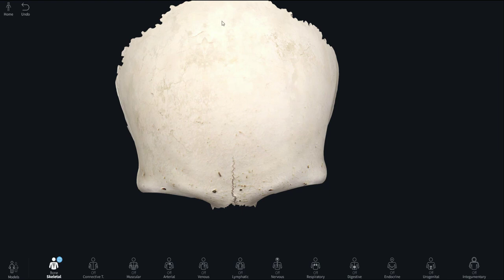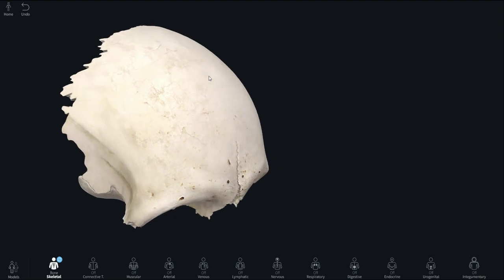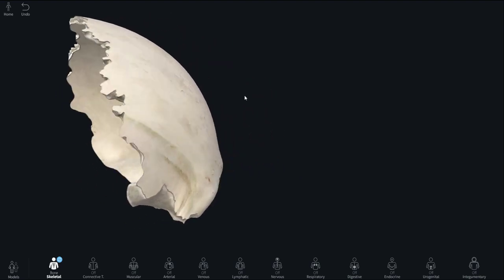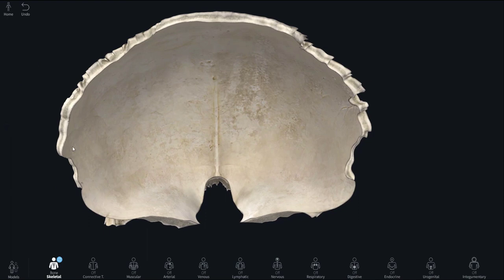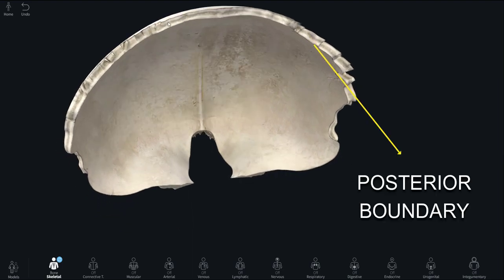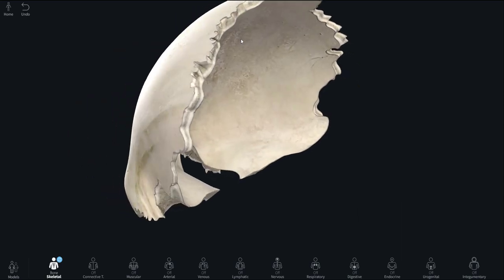Now, having said all of this, let's talk about the posterior margin or border of the frontal bone. This is called the posterior or parietal border or boundary of the frontal bone. Why?